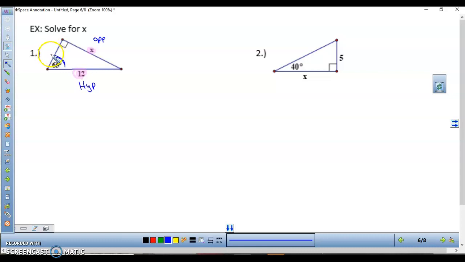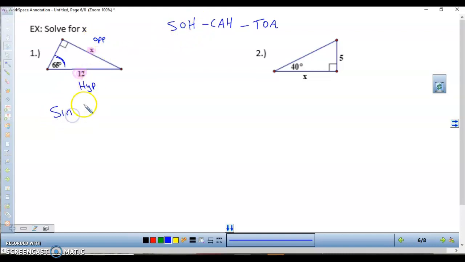I'm not trying to find it, I'm not given it, so I don't care about it. So then I think about my acronym. Which one of those, sine, cosine, or tangent, uses O and H? Well, sine does. So this is a sine problem. And the sine of 65 degrees is equal to opposite, which is x, over hypotenuse, which is 12.